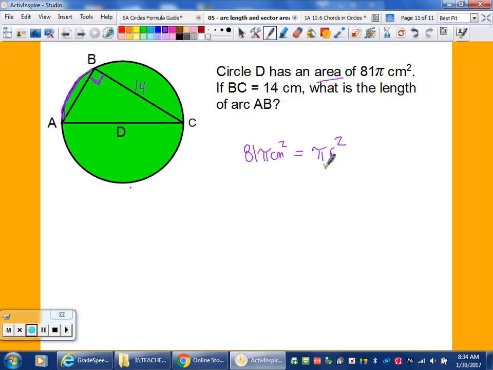So I have to divide both sides by pi and take the square root. So I know that my radius is 9. So if my radius is 9, that means AC is 18. Segment AC is 18. Okay?